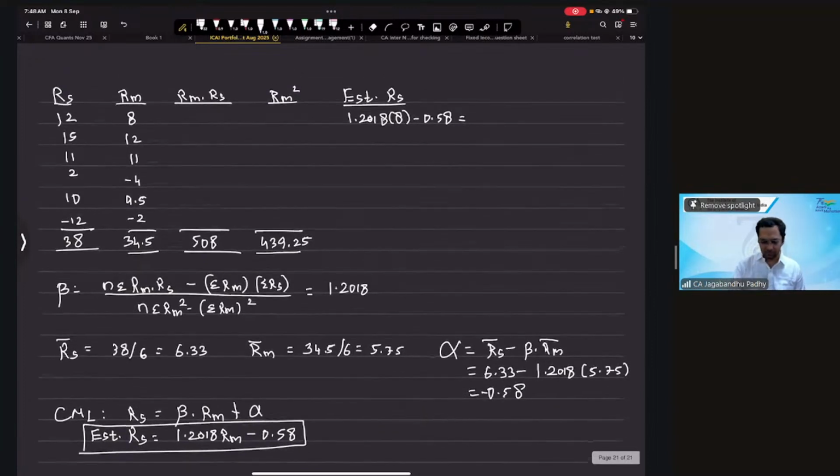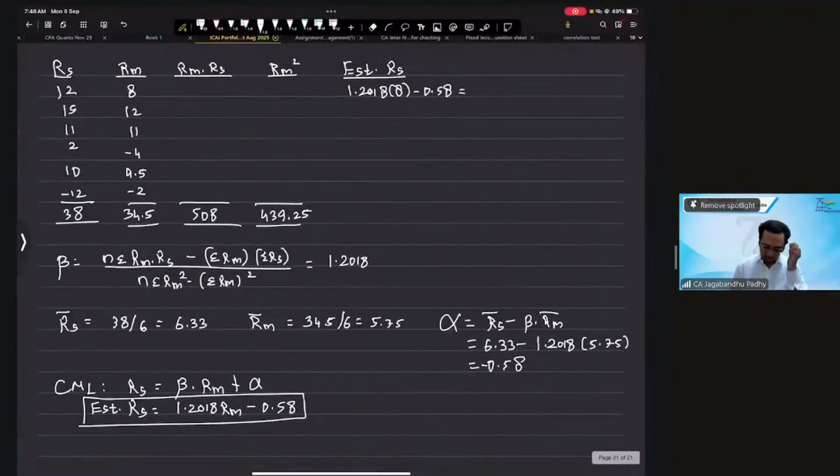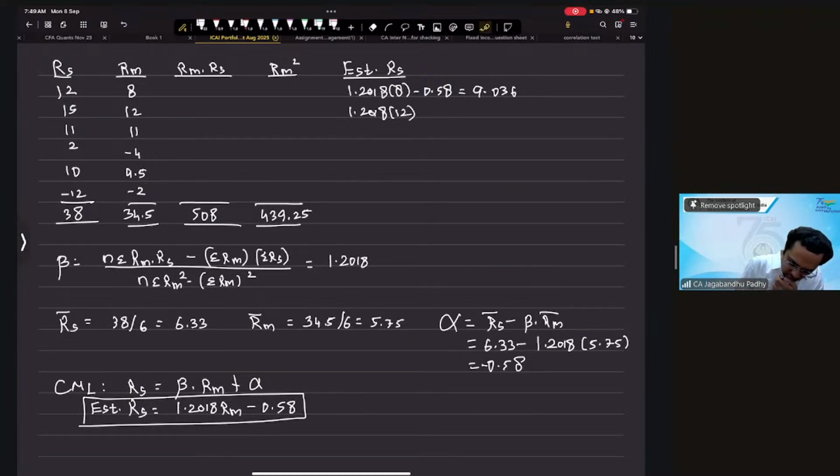So how much is this? 1.2018 into 8 minus 0.58. What is the estimated return of security? 9.0344. Then for the second year, it will be 1.2018 into 12, because here the market return is 12, minus 0.58.